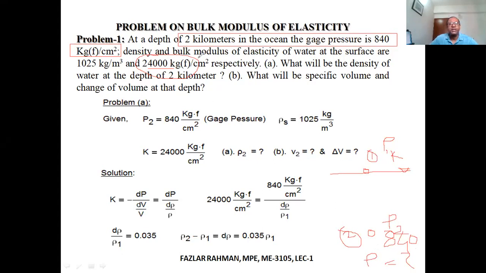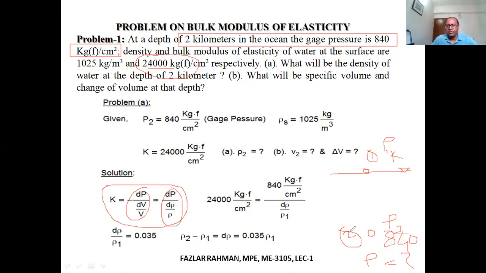So you see, this problem is related to bulk modulus of elasticity. You need to use this formula, or you may like to use this one. We'll use both.